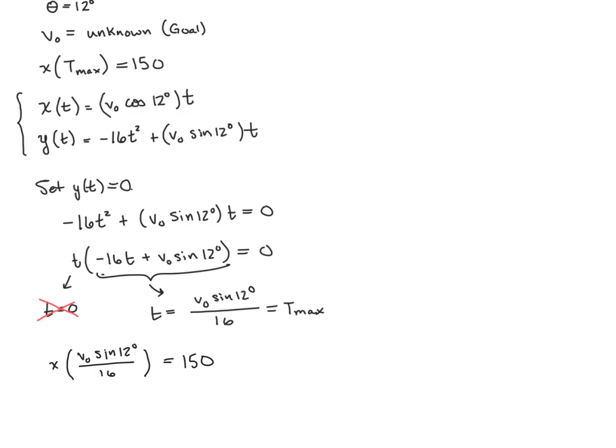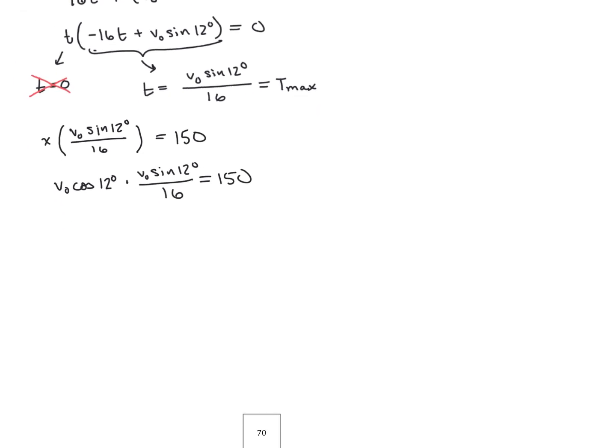So we will have v naught cosine of 12 degrees times v naught sine of 12 degrees over 16 equals 150. So this is v naught squared sine 12 degrees cosine 12 degrees equals 2,400.